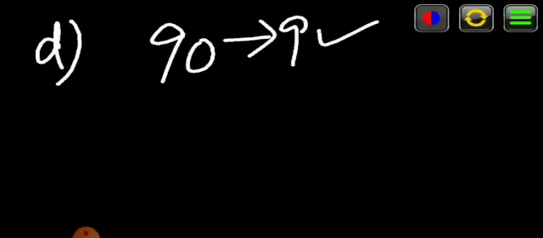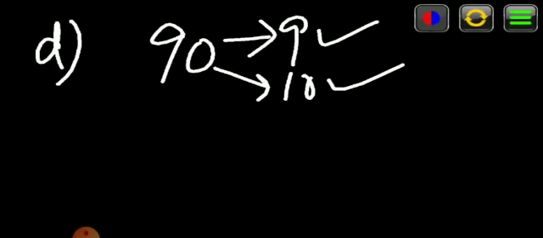D part of question 1 is, if a number is divisible by 9 and 10 both, then it must be divisible by 90. So if I take a number which is divisible by 9 and 10 both, let us take 90. 90 is divisible by 9 also and 90 is divisible by 10 also.